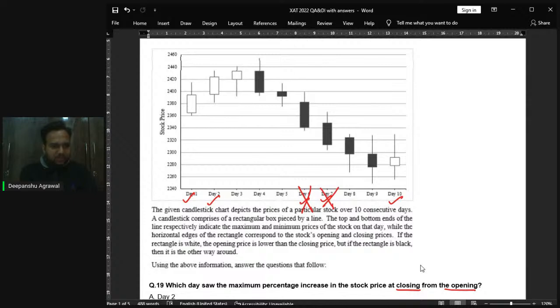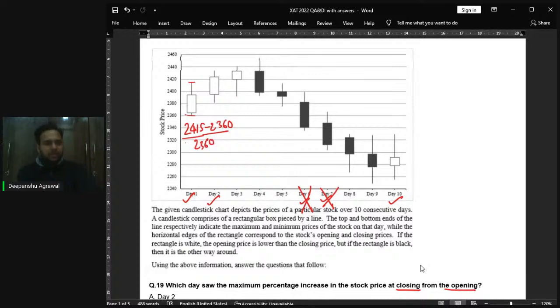So in the first one, we have a difference of 2415 minus 2360, divided by 2360.